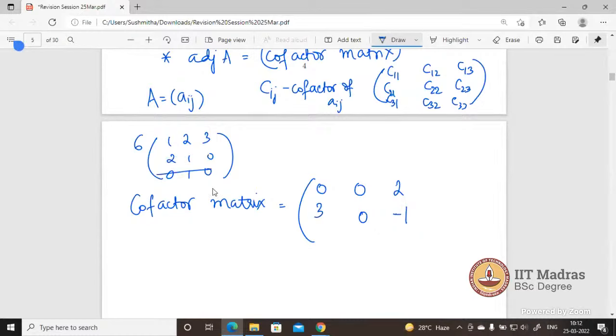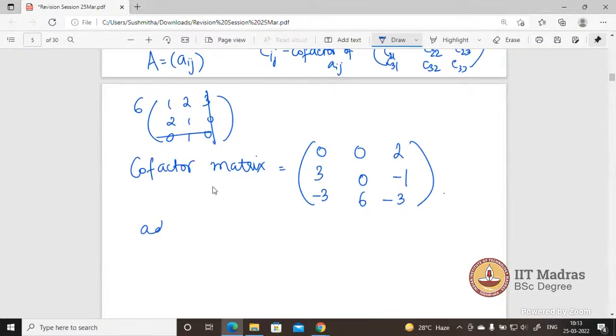This entry, minus 3. Next one, 6. And then the last one, minus 3. Okay, so this is my cofactor matrix.